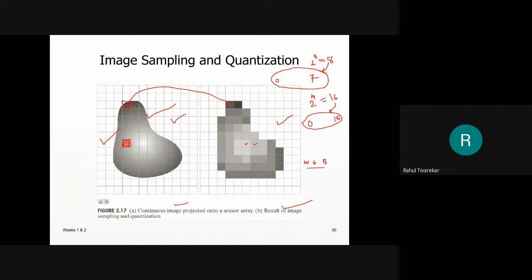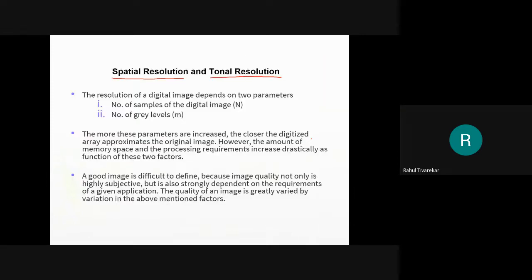This kind of smooth transition will be added in between all individual pixels, horizontally as well as vertically. So in between this pixel and this pixel, the intermediate intensity between these two will be added. Everywhere this will be added. Additional intensity will be used to represent that same image, and that way we say the image has more tonal resolution. Tone means color tone or brightness tone. So tonal resolution means more brightness values.